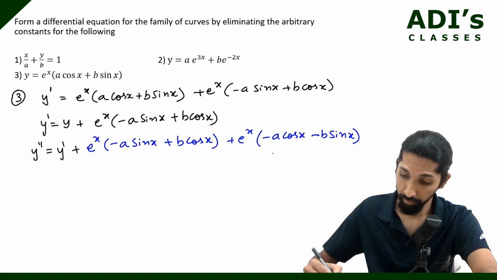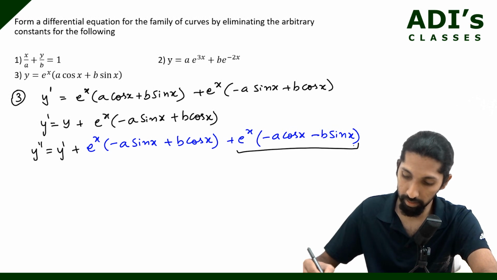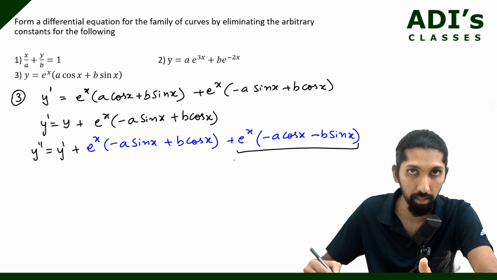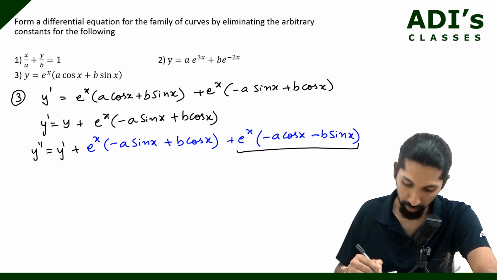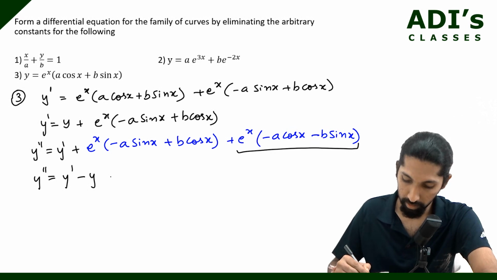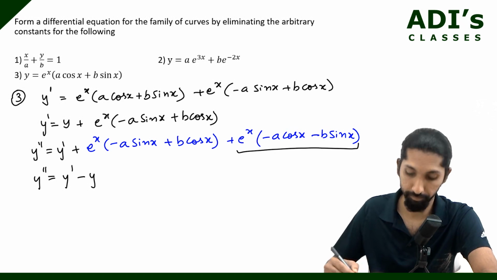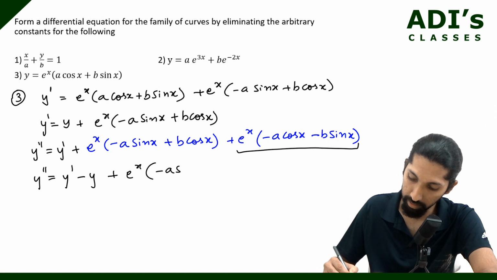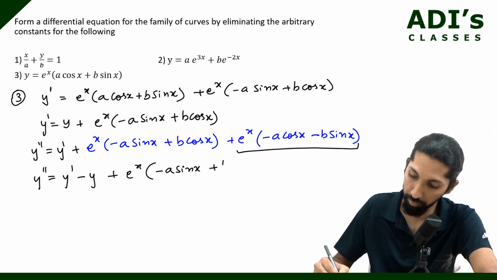Okay, now in this one, isn't it minus y? Because if you take minus common, don't you think that's minus y? So what do you get now? y double dash is equal to y dash minus y plus e to the power of this one, correct? e power x into minus a sin x plus b cos x.